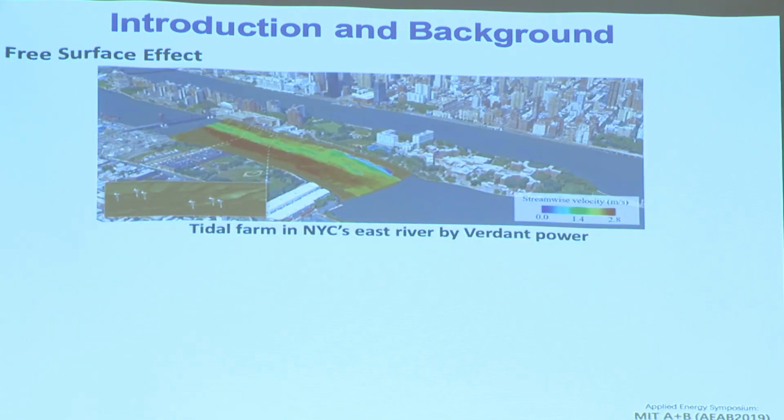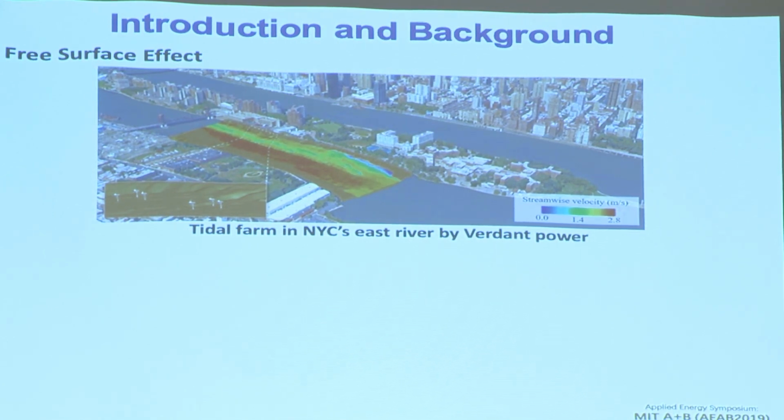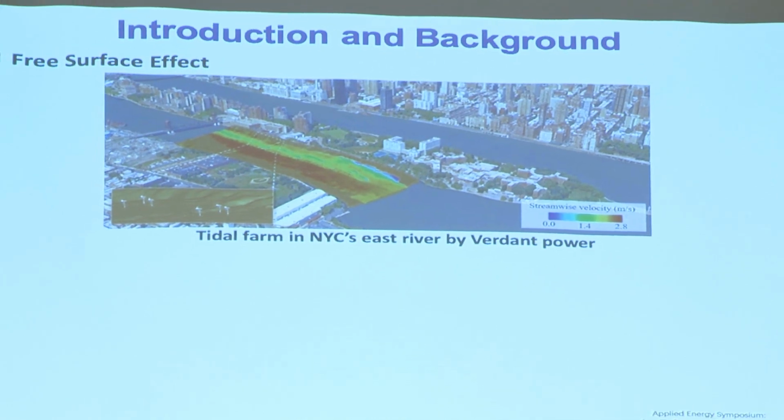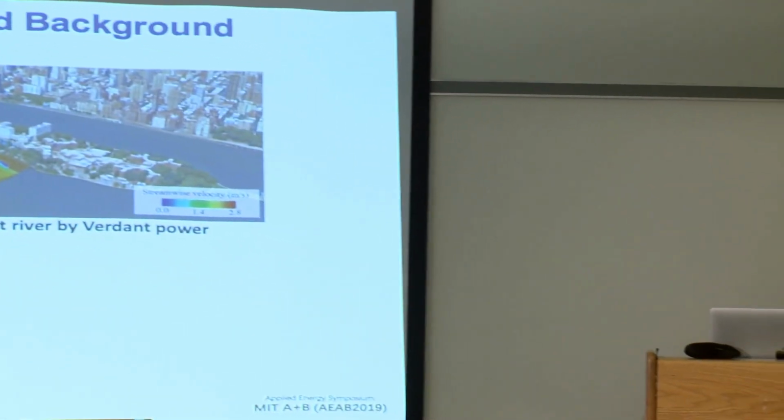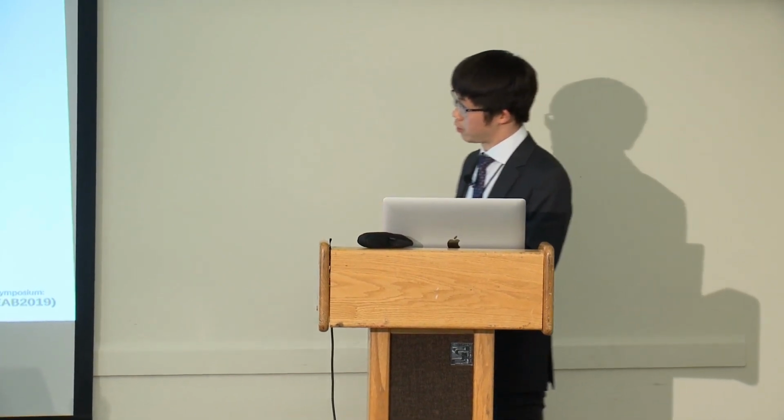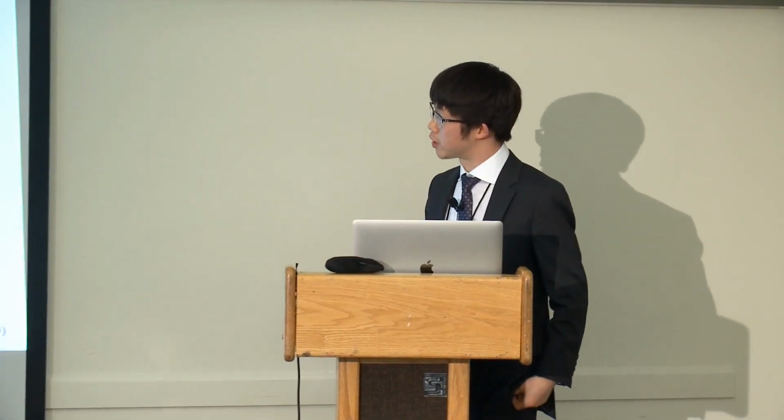In fact, there is a lot of development ongoing in the United States. For example, what you see here is a tidal farm deployed by Verdant Power in New York City's East River. However, because I'm a computational scientist, when I look at the literature, I want to see what people are doing in terms of numerical modeling for tidal energy.